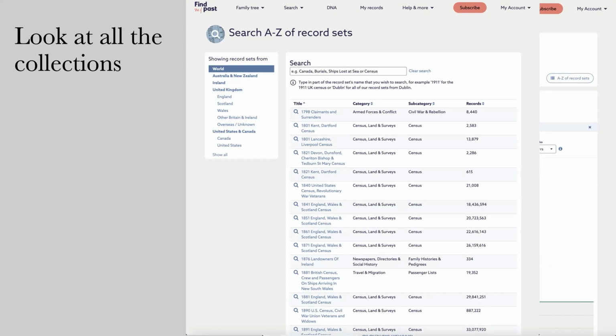So be sure and search this out. Check to see whether or not the website even has the records that you're interested in looking at. And then you can search for a specific collection if you need to. If you want to know if they have any records for a specific location within England, then you can start searching for that special collection.